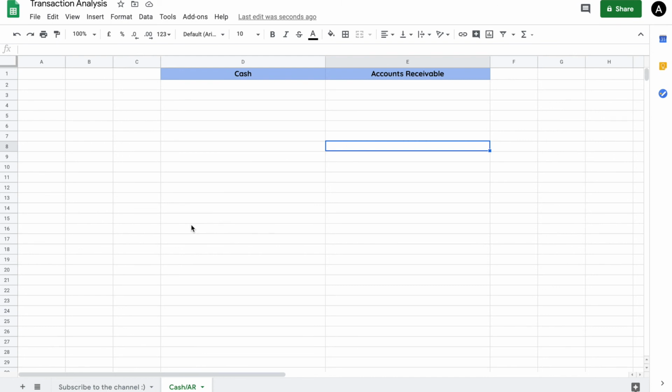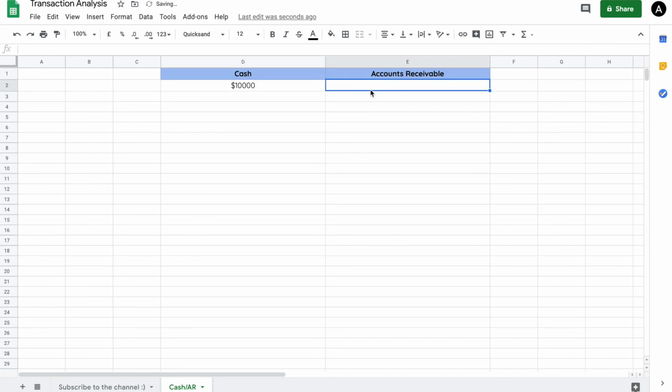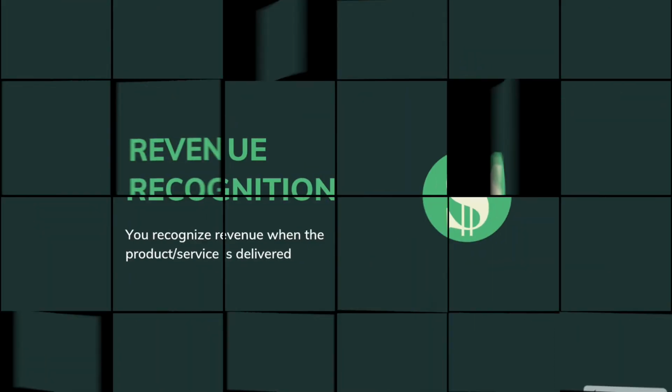So let's assume that the car costs 10,000, and in this case what just happened is you have received 10,000 in cash, and in your accounts receivable column you can actually negatively mark 10,000 because that money that you were supposed to receive, now you have received. So cash goes up by 10,000 and accounts receivable goes down by 10,000.